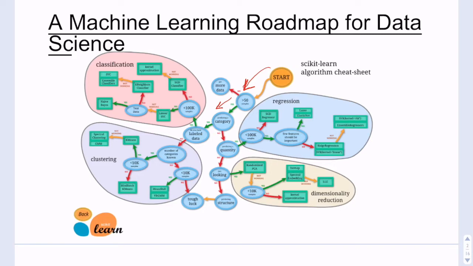Based on whether the data are from some categories or continuous, we can take different approaches. But mainly, machine learning algorithms can be divided into subgroups: classification, regression, dimensionality reduction, and clustering.